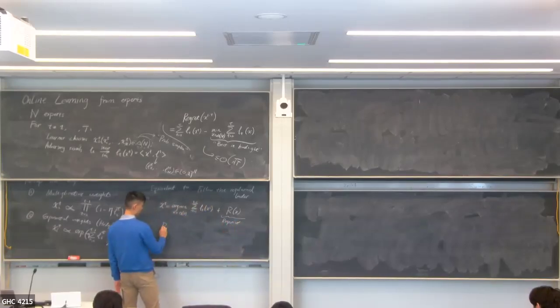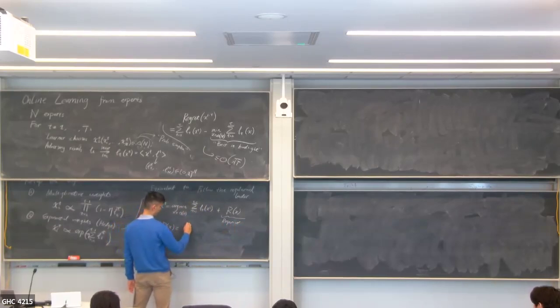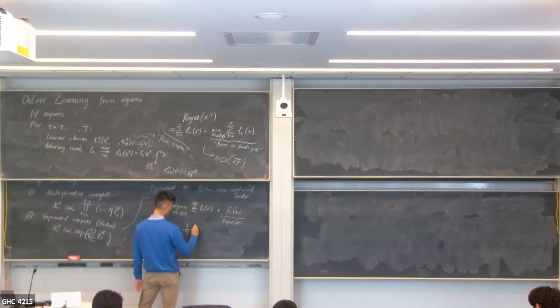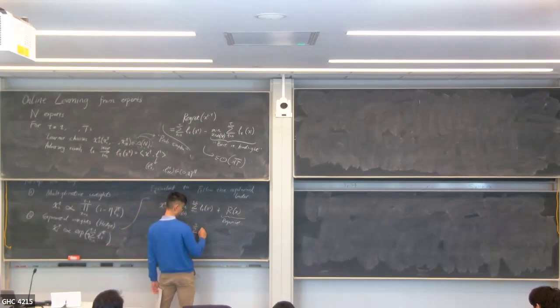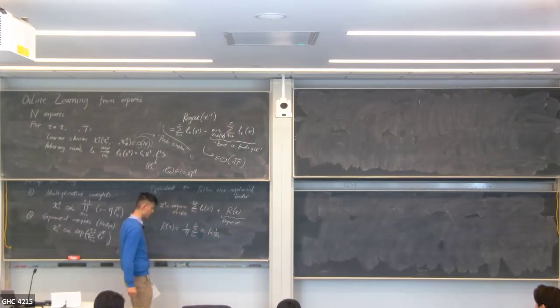In this case, you would choose R of x to be eta times the sum over... this is the entropy.